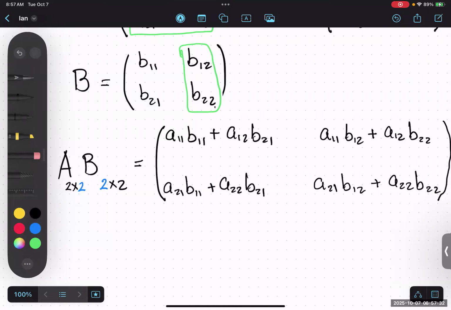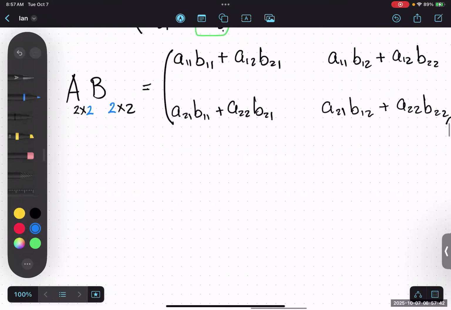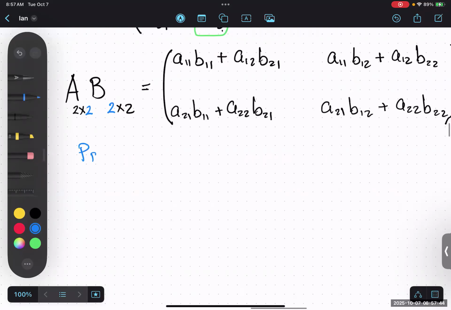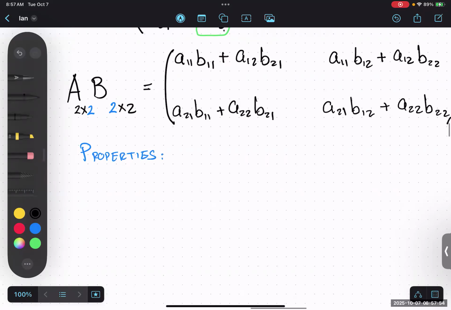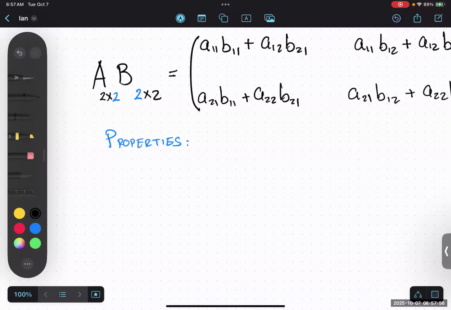Now that you know this stuff, those are the operators, the transpose and the product of two matrices. Let's work with some properties, just quickly. The first property refers to the transpose of the product of two matrices.